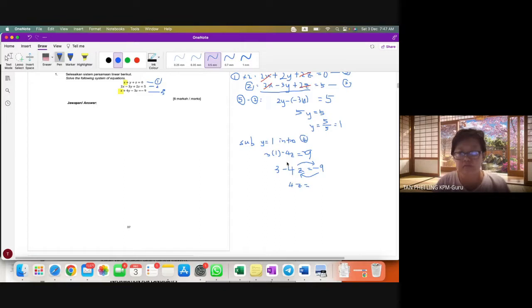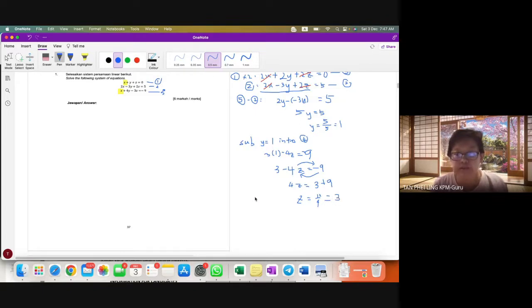The 4z will be alone to be 4z itself. So this one, I have to bring them together. So become 3 plus 9. Okay, so I'm getting z equals to 12 over 4. Right? Is everybody getting that? Can 12 divide by 4. So I'm getting 3.